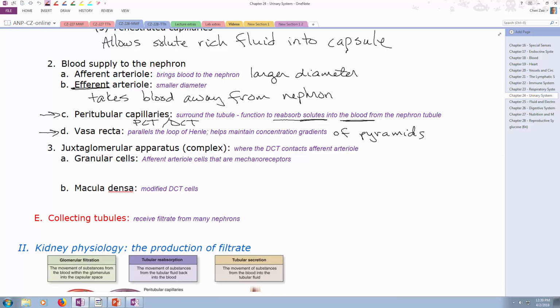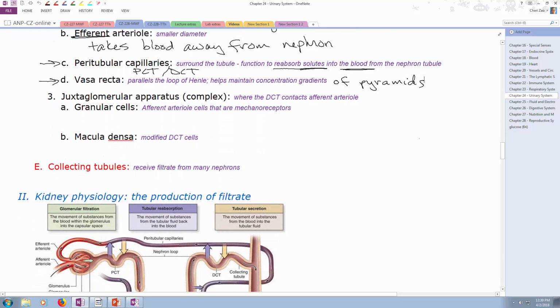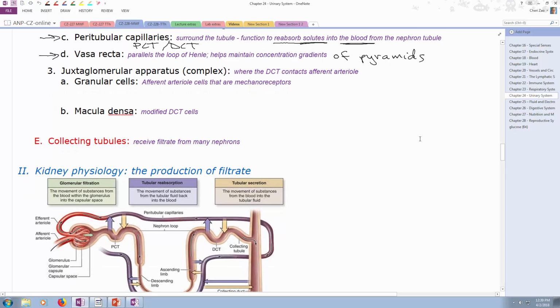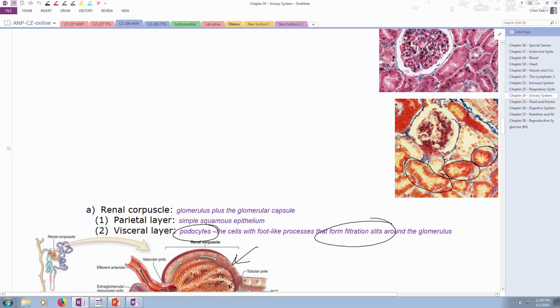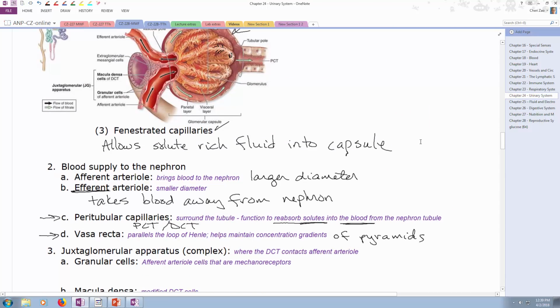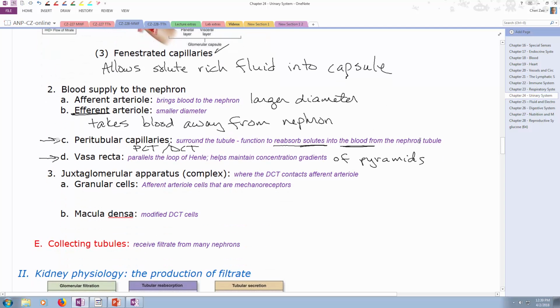The juxtaglomerular apparatus or complex is, going back up to that histology view here, this is it, that area right there. It's where a piece of the distal convoluted tubule comes into contact with a piece of the afferent arteriole right there at the glomerular capsule.